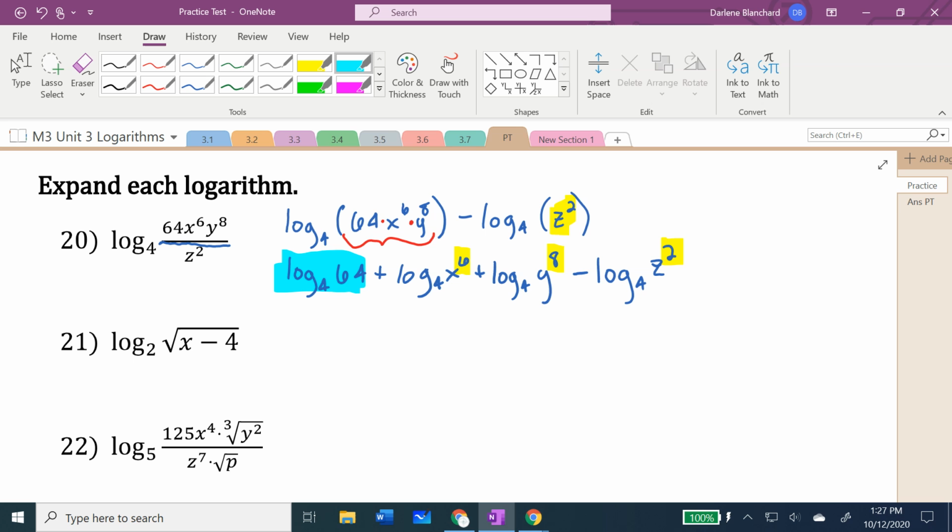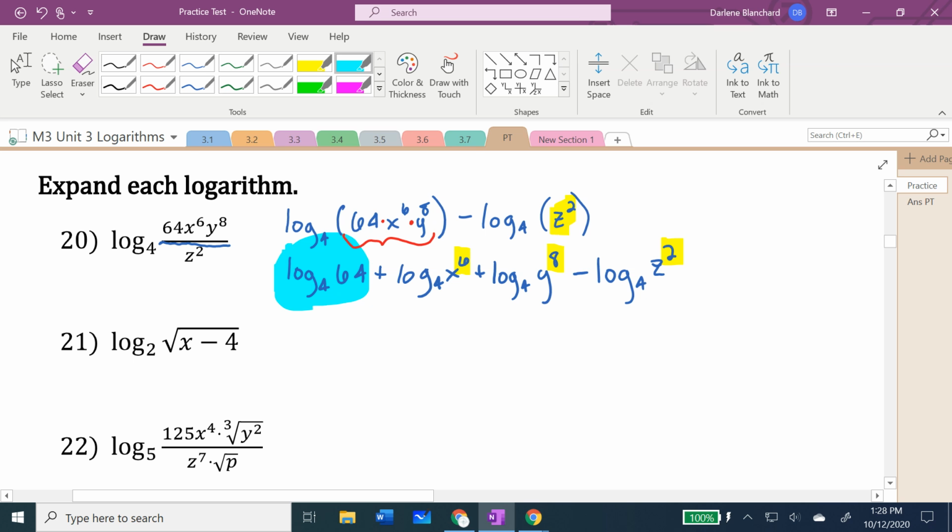Okay. Oh, it happens. On the test, I'm not going to throw at you things where you can simplify with the number in this situation. I feel like it's a bit much to, while you're expanding, have to worry about checking to see if you can go a step further.